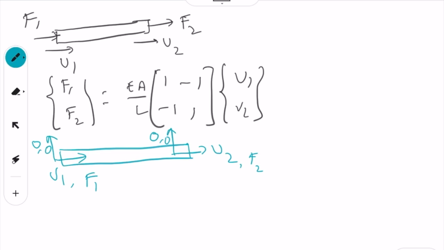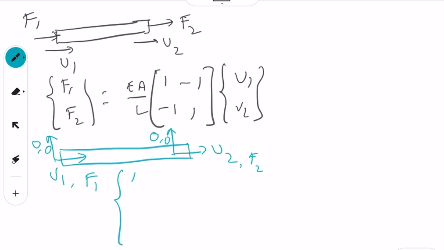So u1 f1 in this direction, there is 0 force and displacement perpendicular to the axis, and here the same thing. So basically same thing, but here explicitly saying that there is no force perpendicular to the axis. And in this case our system is like this.